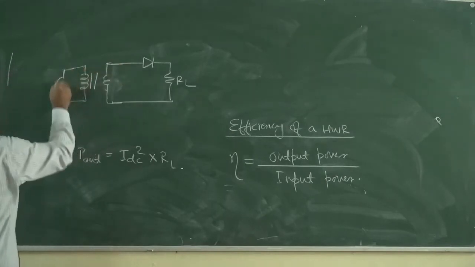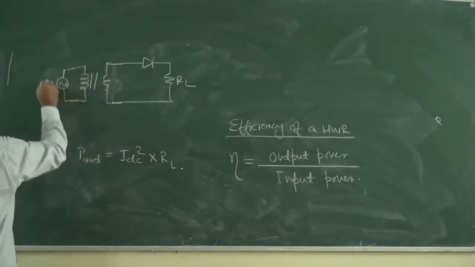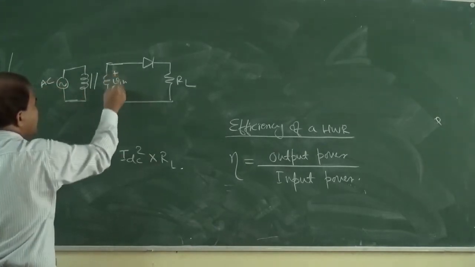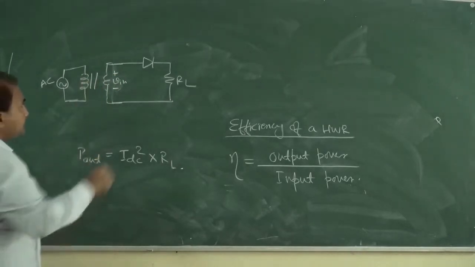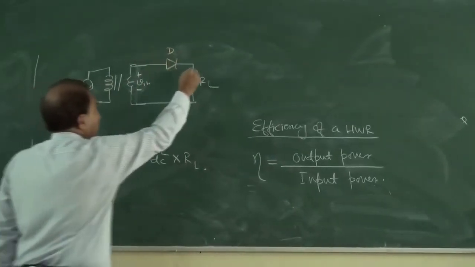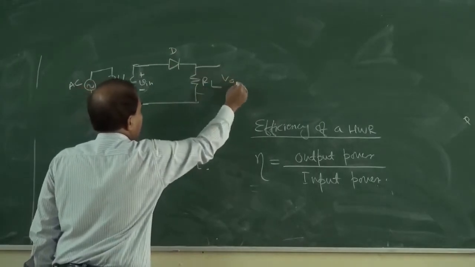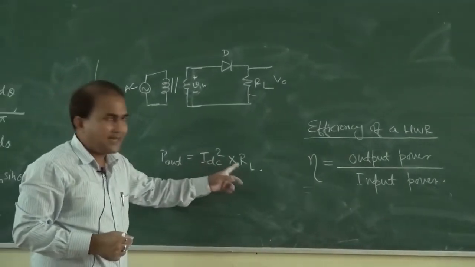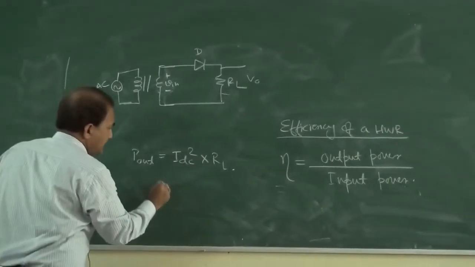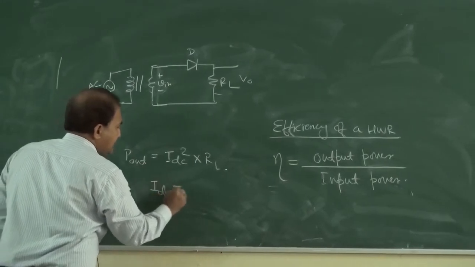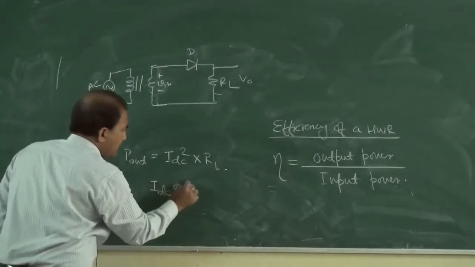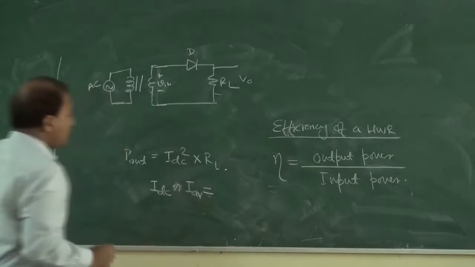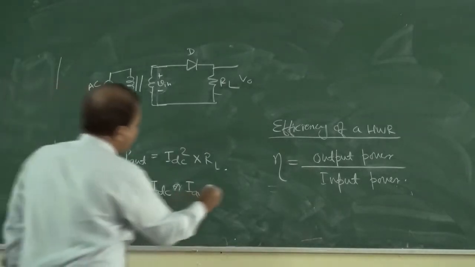Okay, say this is AC and this is Vin, plus minus. This is diode D and this is V out. So P out is equal to IDC square into RL. Okay, so in case of a half wave rectifier, IDC, or I average, is equal to how much? It is equal to Im by pi.